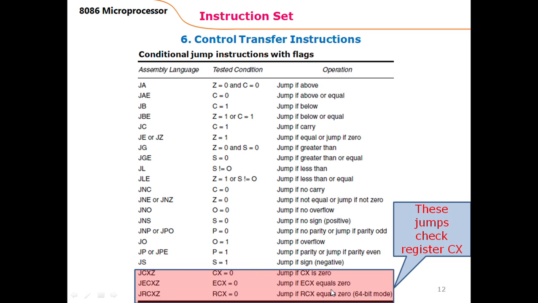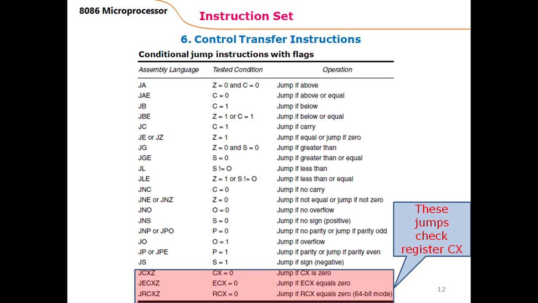And here there is a 32-bit version of the instruction as well that checks the extended version of the counter register, ECX. So jump if ECX is 0, jump if RCX is 0. Obviously CX is available in the 8086 and 8088 microprocessors, so this instruction can be executed there.